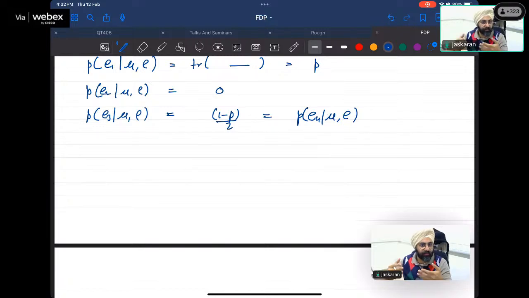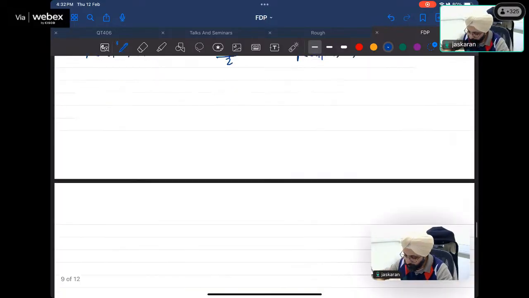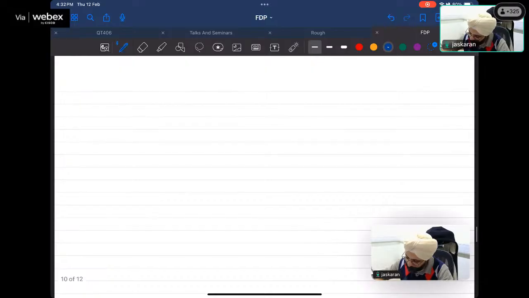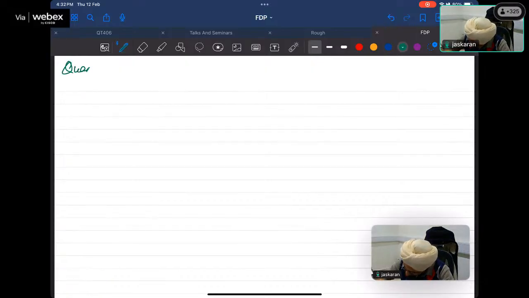And that is indeed the case. They are much more advantageous in certain information processing tasks than projective value measures. One of these tasks is quantum state discrimination. I will explain the task, and then we will look at it from the point of view of a projective measurement and a POVM.